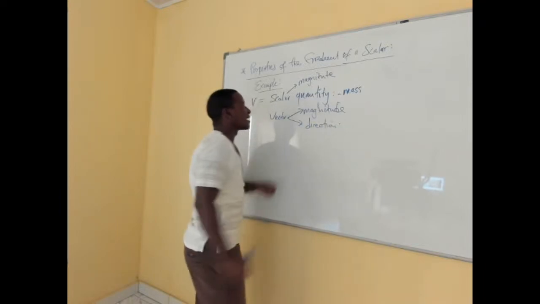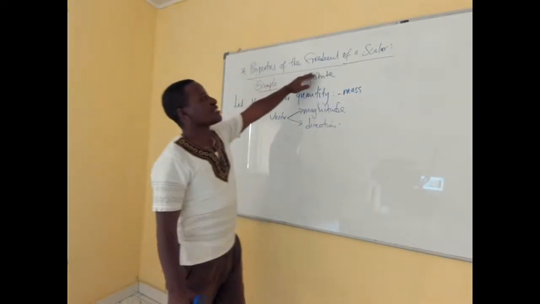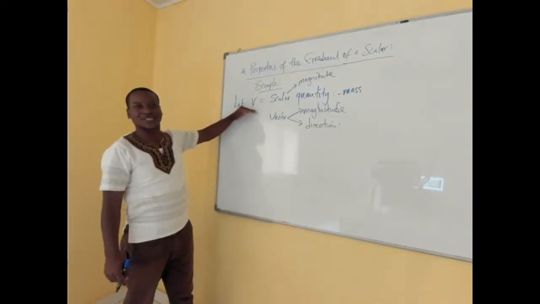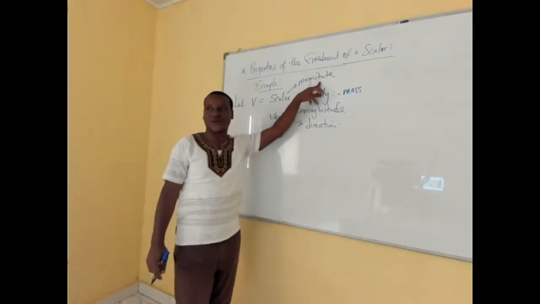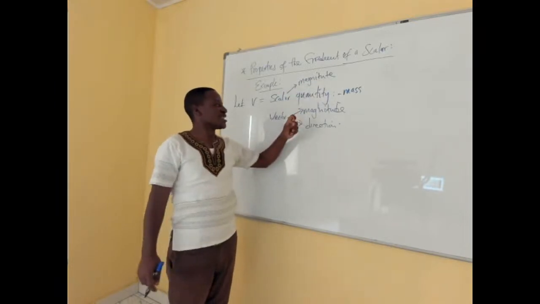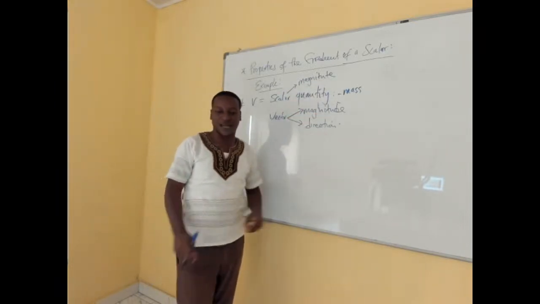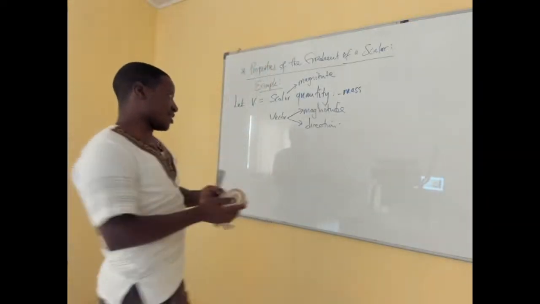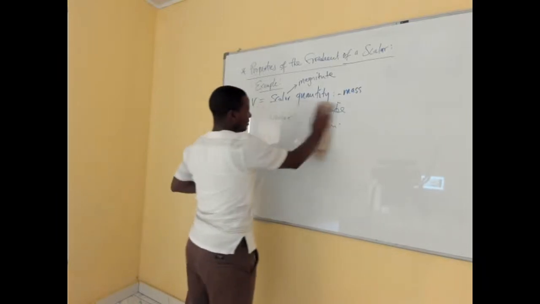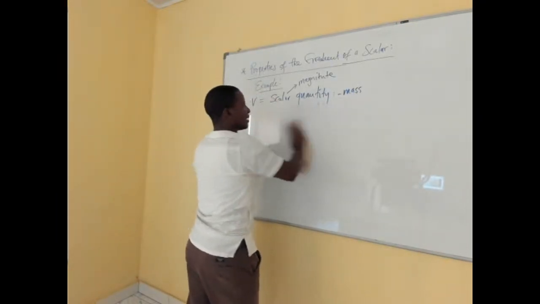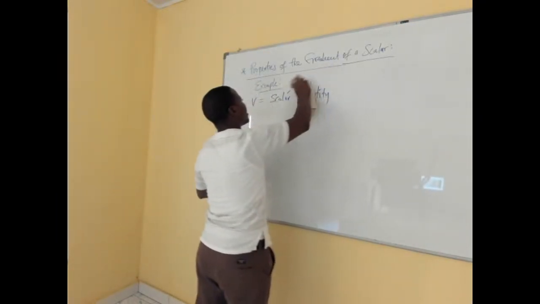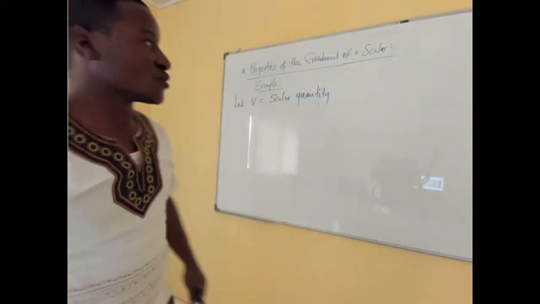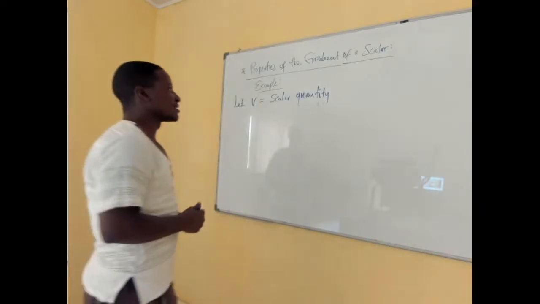So we are looking at properties of a gradient of a scalar. We are just looking at a quantity that only has magnitude for a start, before we come to the one that has both magnitude and direction. So put that in mind, that at the moment we are just focusing on the scalar quantity.